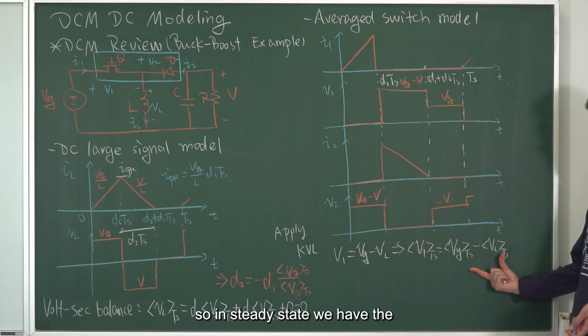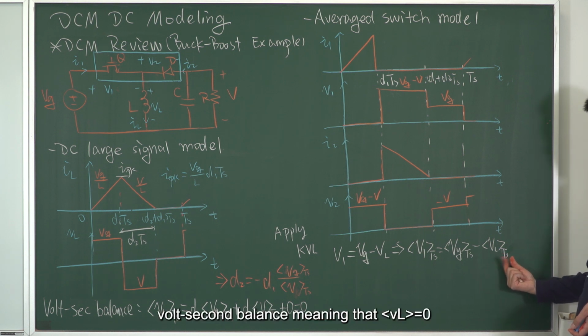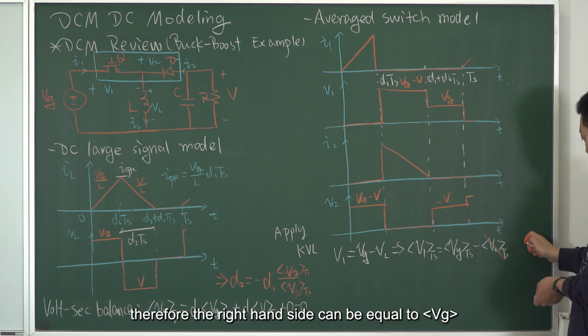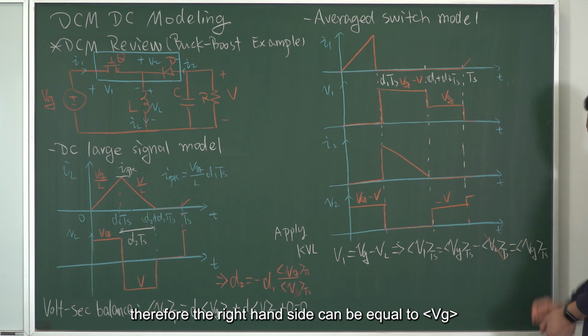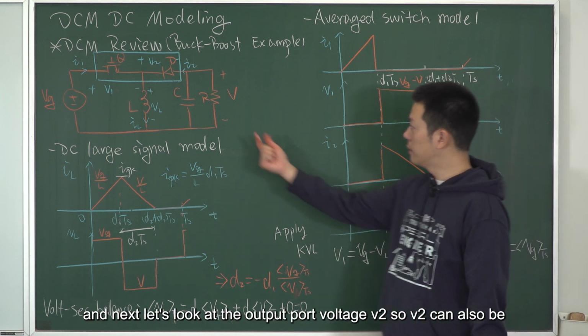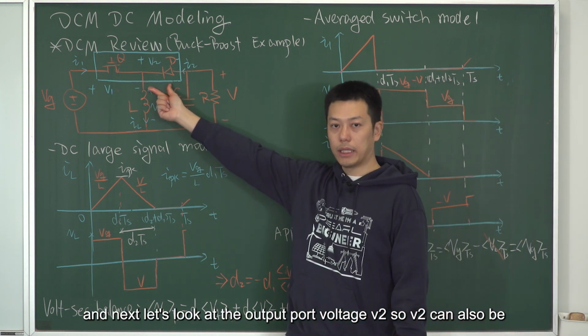In steady state, we have the volt-second balance, meaning that the average voltage of the inductor equals 0, right? So this part is eliminated. Therefore, the right-hand side is equal to the average input voltage.